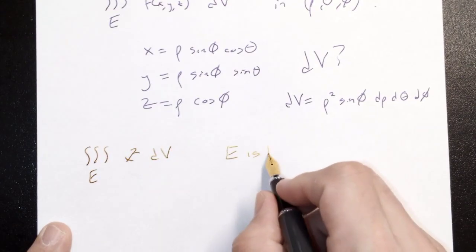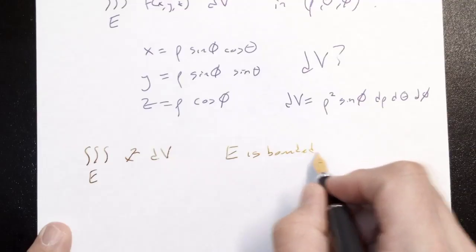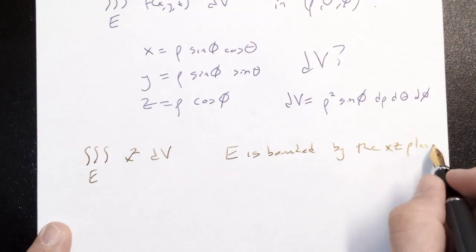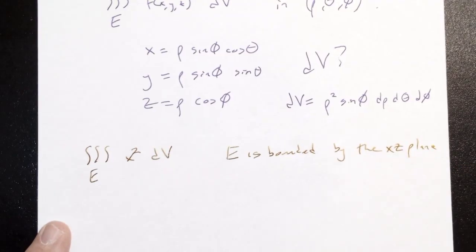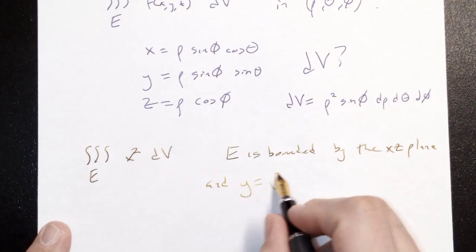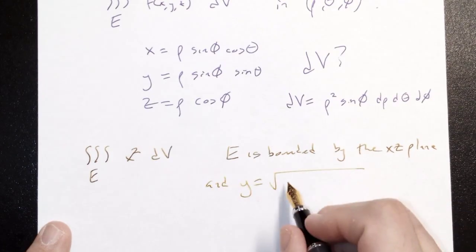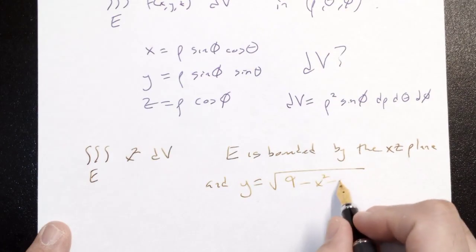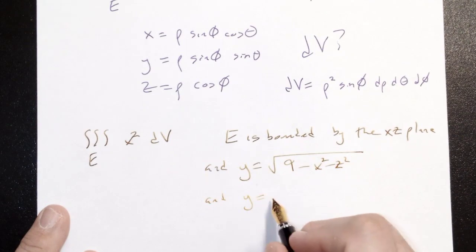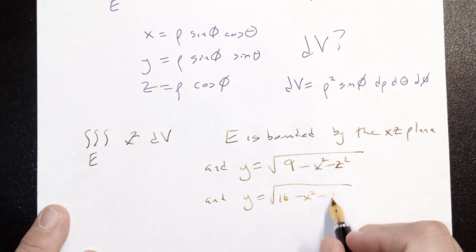E is bounded by the xz plane and y equals the square root of 9 minus x squared minus z squared, and y equals the square root of 16 minus x squared minus z squared.